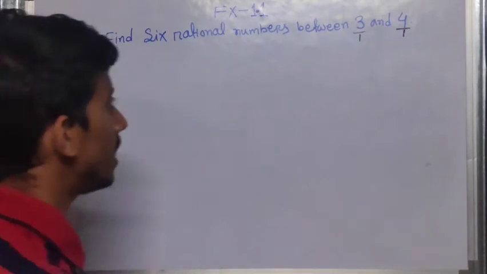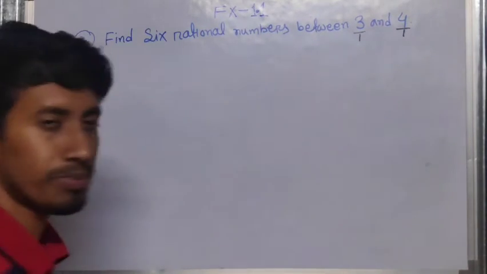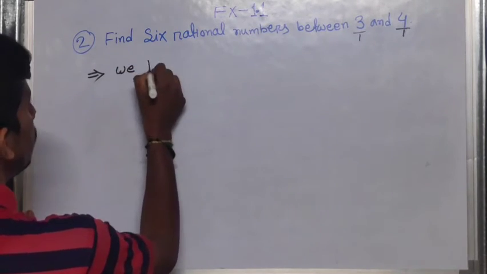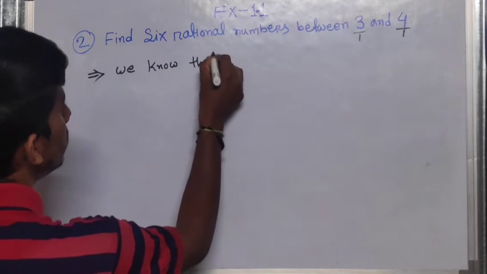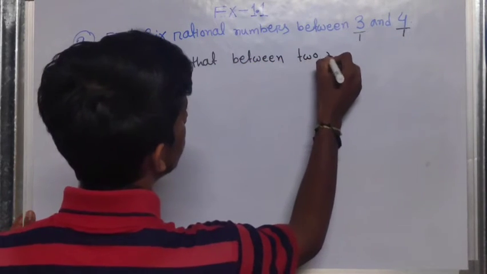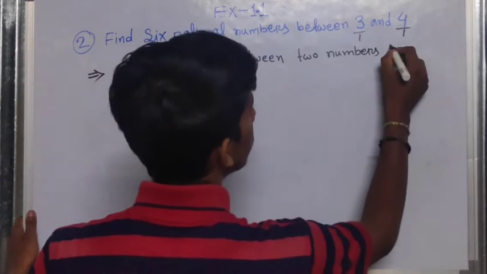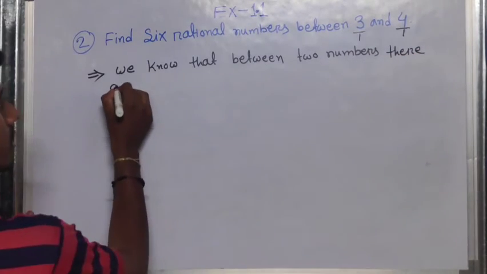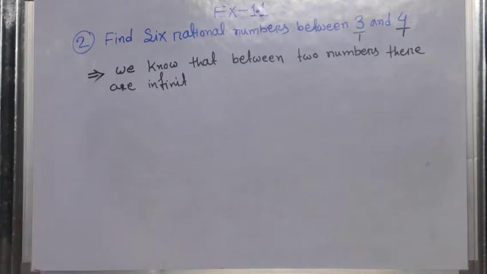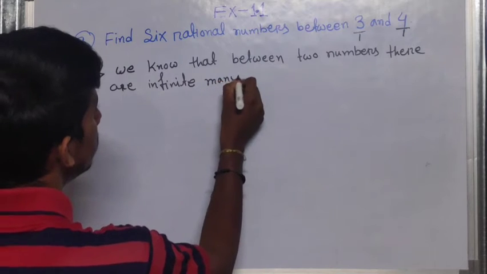Here the denominator is 1, and here also the denominator is 1. One more line you need to write here: we know that between two numbers, or rational numbers, there are infinitely many rational numbers.